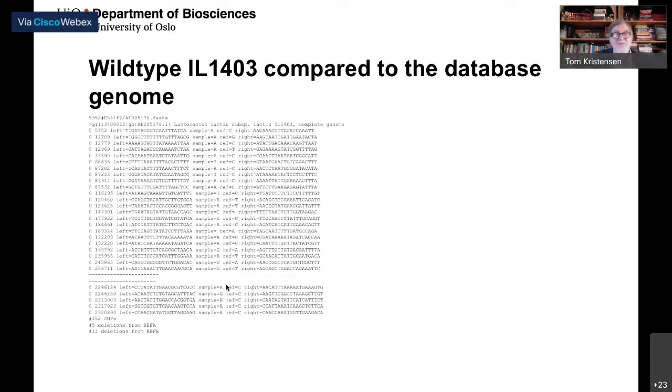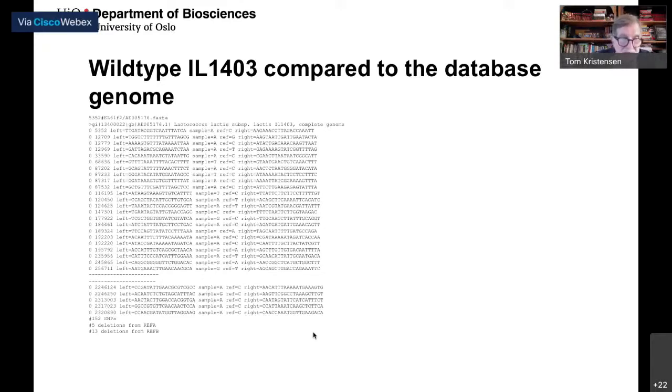So after we ran our 10 million fragments through VAL, the output from VAL was something like this. We had hoped for one single difference between our mutant genomes and the reference genome.